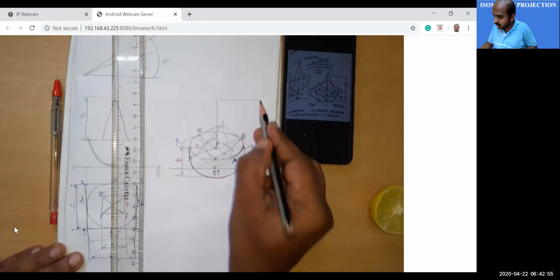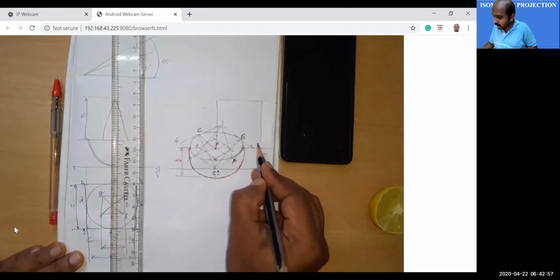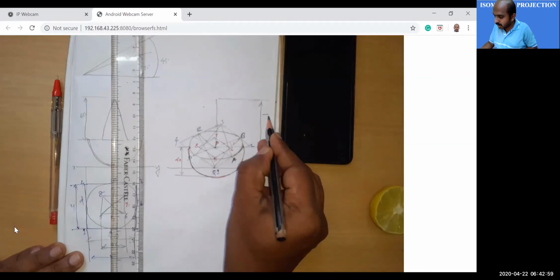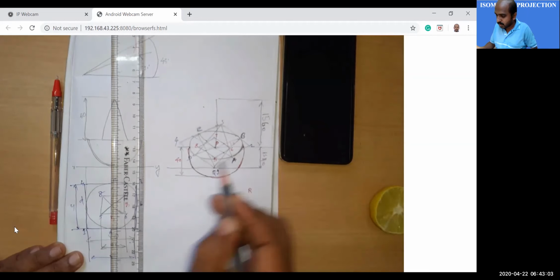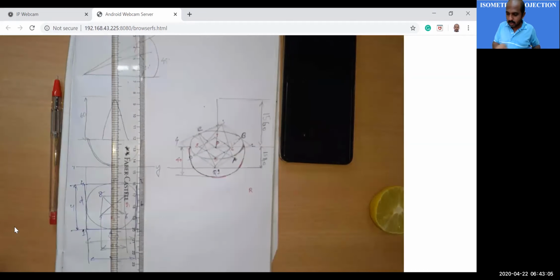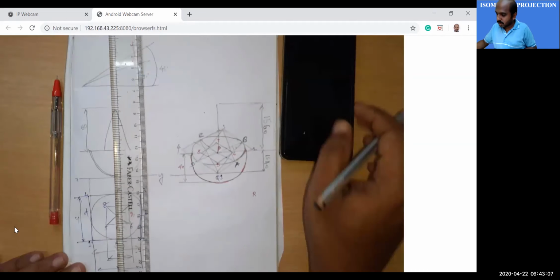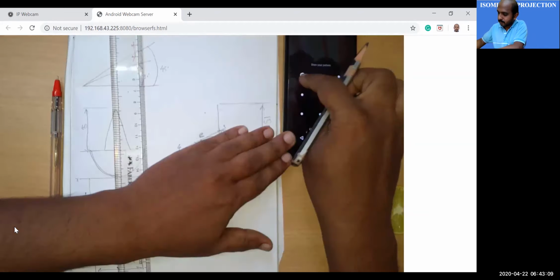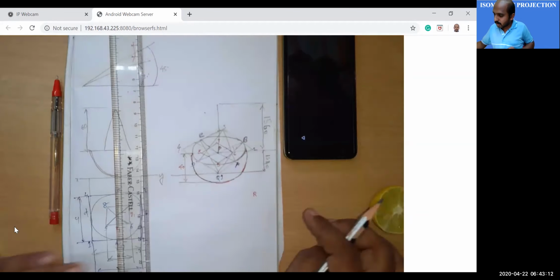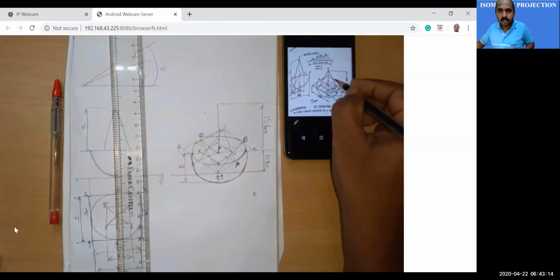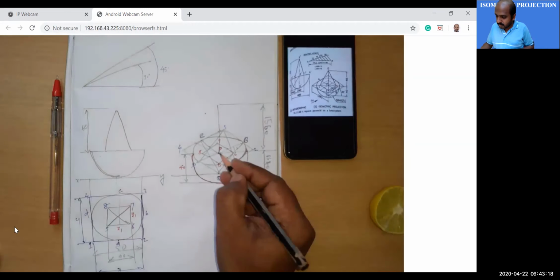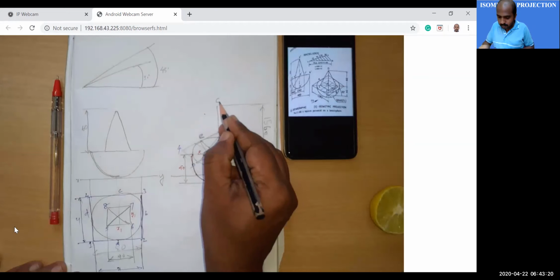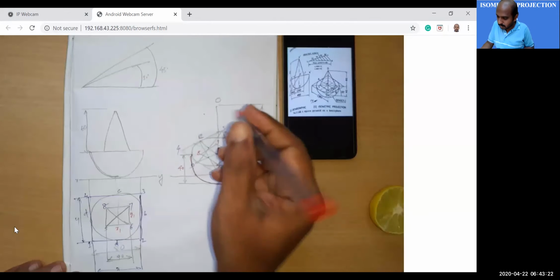This is equal to the isometric length corresponding to 60. Now you have located the apex. Mark it as capital O.